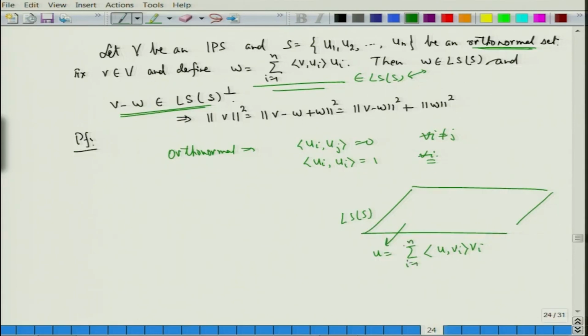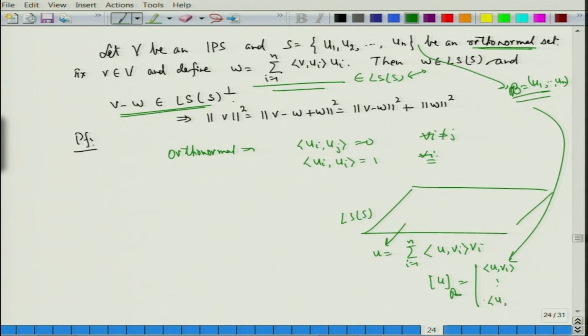So any combination here. Recall previously that if I had taken an ordered basis B as u1 to un, then u in this ordered basis looks like the inner products of u with u1 till u with un. Oh, I wrote u1 here, alright.